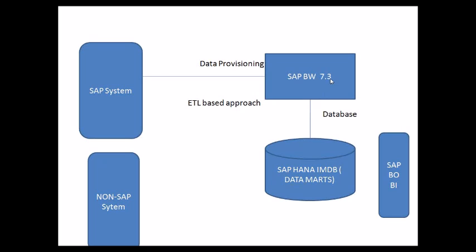From SAP BW 7.3 only can you use SAP HANA as your database; prior to 7.3, SAP HANA could not be used as a database. You had to depend on traditional database systems like Oracle, MySQL or MS SQL.